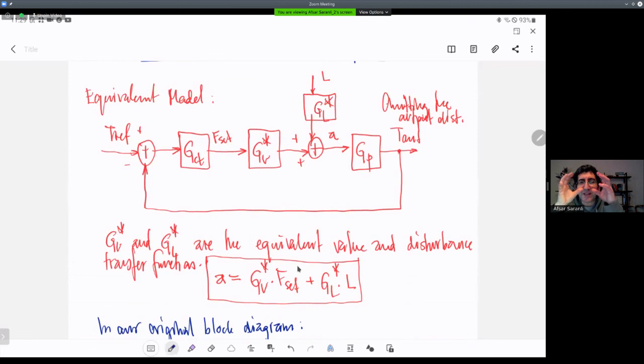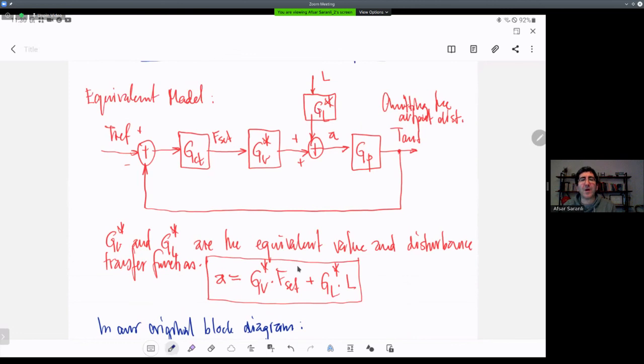You can think of it like this. With this architecture, with the proper choice of parameters, you have the ability to change the valve as if it was behaving differently, as well as change what's happening to the disturbance. Hopefully, the aim is to design it in such a way that you have a better valve model and a better disturbance transfer function.